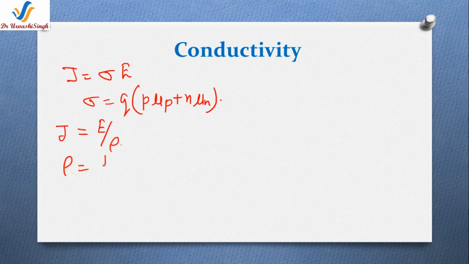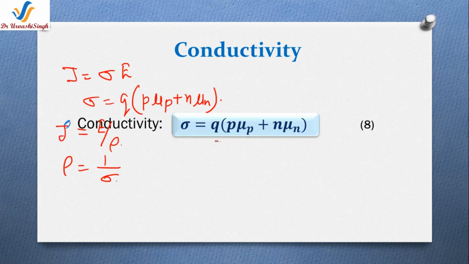So rho is nothing but inversely proportional to the conductivity. So finally the conductivity is given by equation 8, and it is directly proportional to the concentration of carriers and the mobility.